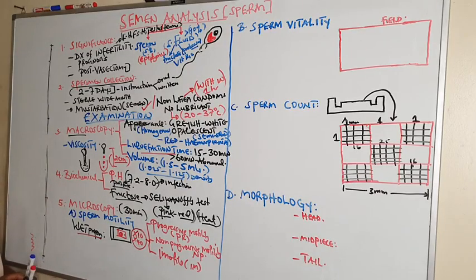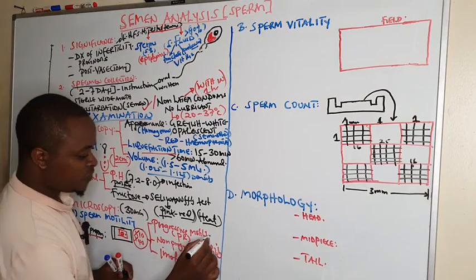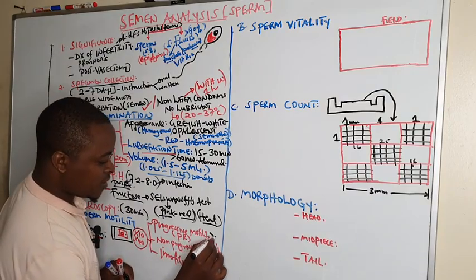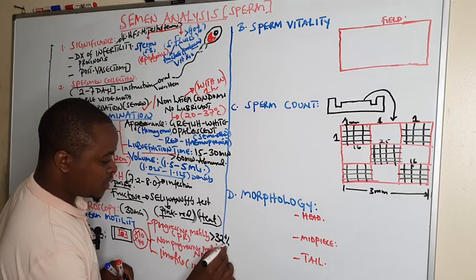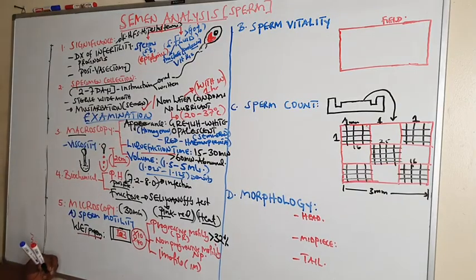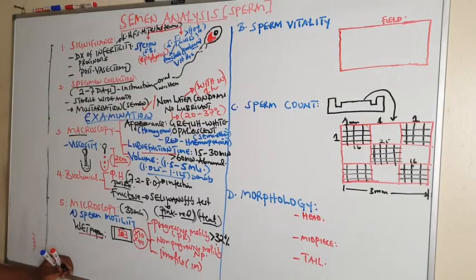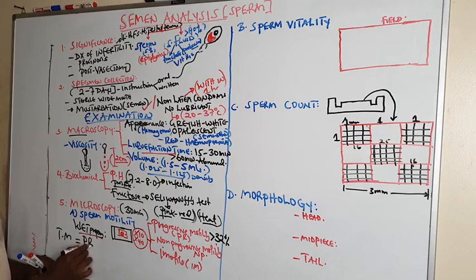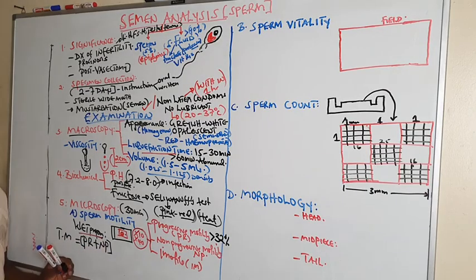And the normal range for those which are progressive should be greater than 32% according to WHO 5th edition. Then if I want to get total motile sperms, I get those which are progressive plus those which are non-progressive. I'm able to get the total motility.